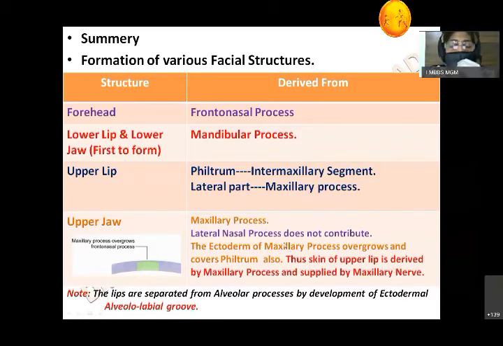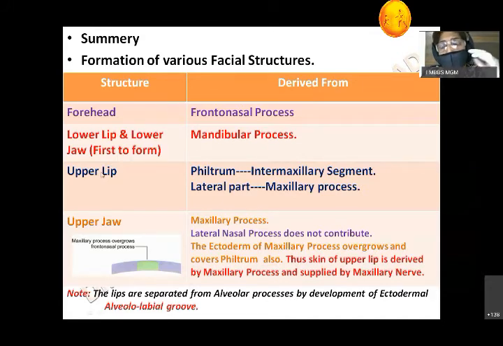If somebody has undergone dental treatment, you might know that the lower lip and lower jaw develop wholly from the mandibular process. So if you undergo dental treatment, just one injection for blocking the mandibular nerve is sufficient.